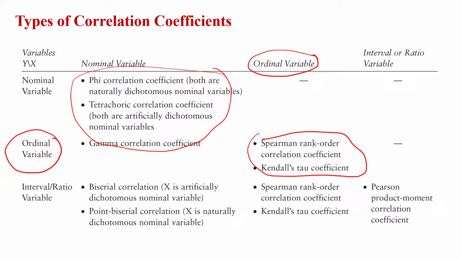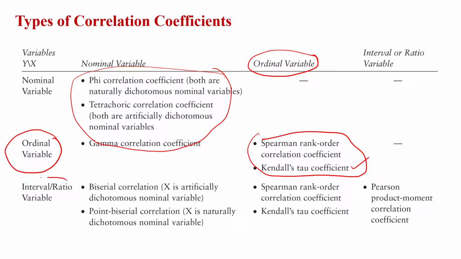Either we can apply Spearman rank order correlation coefficient or the Kendall's coefficient. Both of them you can apply, but I have told you earlier that Kendall's tau coefficient you can apply when you have a small data set or you have high tied ranks. Under that condition you can apply Kendall's.